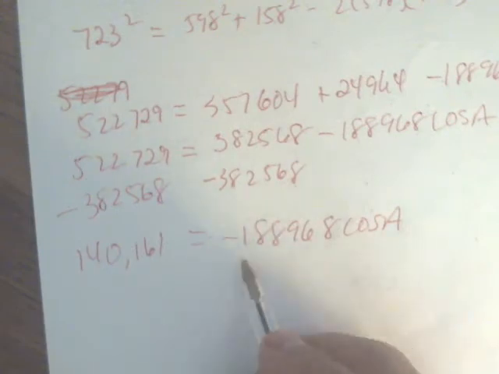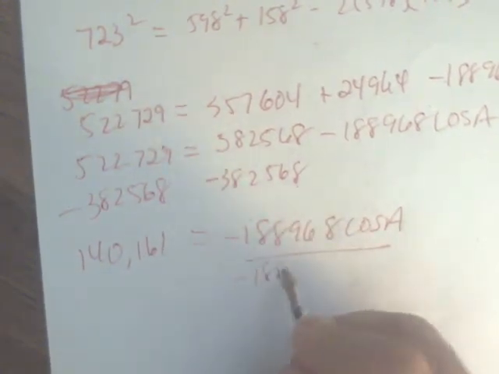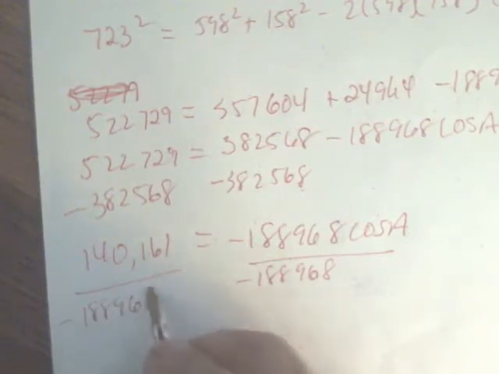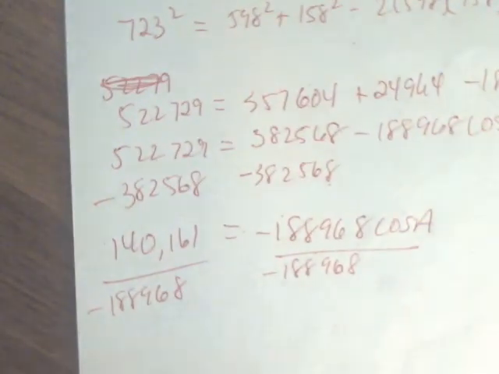Now, divide by negative 188,968. It's okay to get negatives with angles. 140,161 divided by negative 188,968.